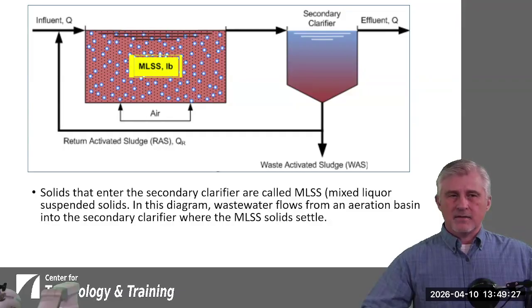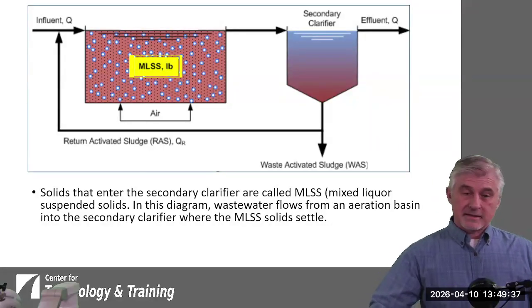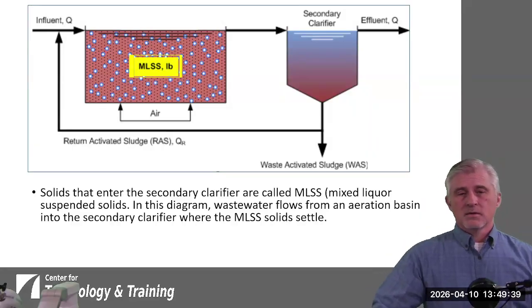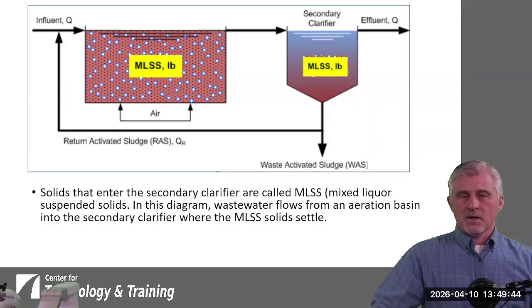There's air added in the aeration tank. And then it goes from there to the secondary clarifier, where the mixed liquor suspended solids settle out. We consider that there are mixed liquor suspended solids in both the aeration basin or tank and the secondary clarifier.